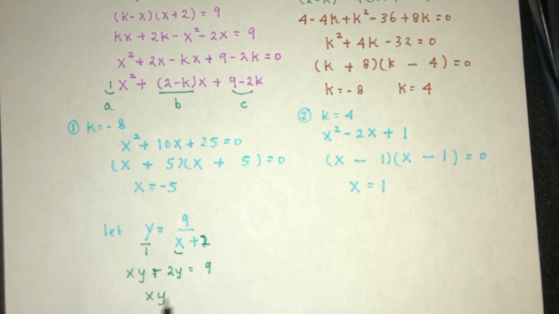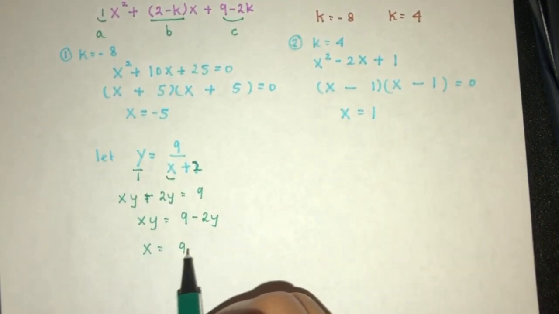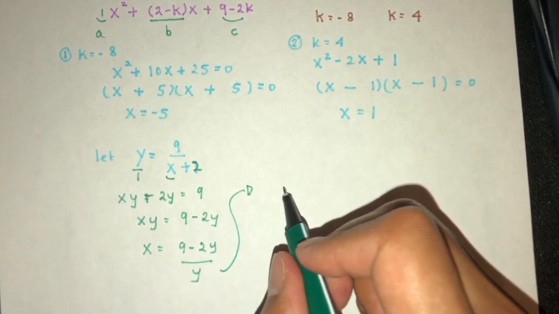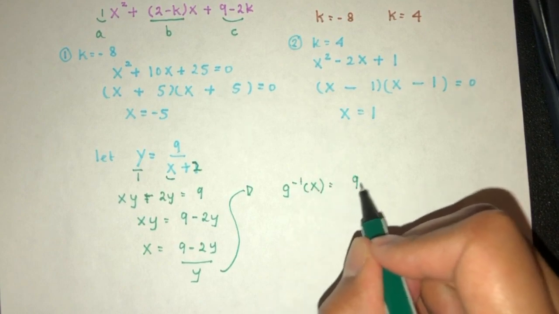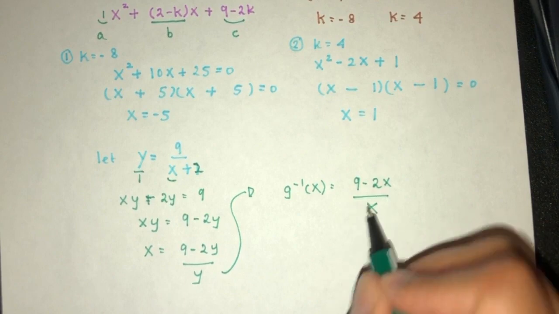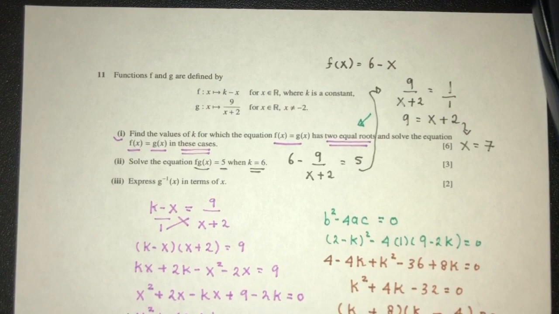So xy is equal to 9 minus 2y. Now finally, x has to be 9 minus 2y divided by y. Following this, we have to write g inverse in terms of x. That will be 9 minus 2x over x. So that is part 3 of the question. This is a question in relation to functions.